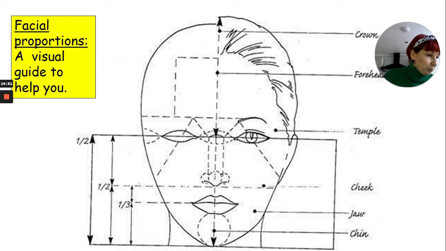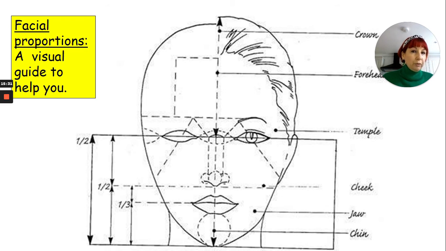So we've got middle point of the eyes, middle point of the nose coming down, bottom of the nose, middle of the lips, and if we mark approximately a third, so we only take this area, we mark it into thirds, that will give us an approximate for the width of the bottom lip. The top lip, as you can see, is slightly narrower, but that also depends on your face and your features. So we'll think about that when we start to add detail.